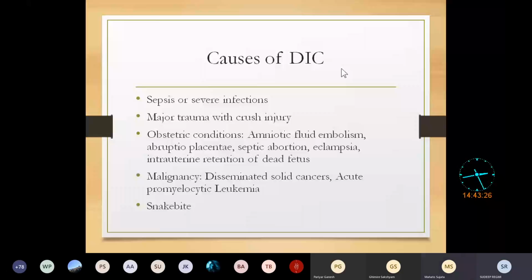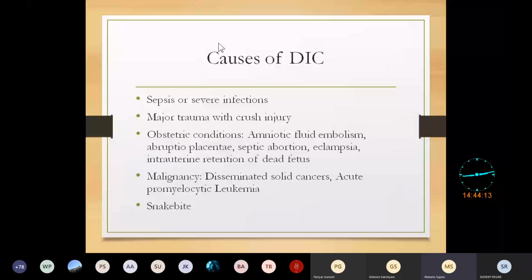Sujata, we have talked about DIC. Can you just review the normal hemostatic mechanism which will be disrupted in case of DIC? So how is the normal hemostatic process going on? When there is tissue injury, there is exposure of the subendothelial matrix, which contains collagen and von Willebrand factor.